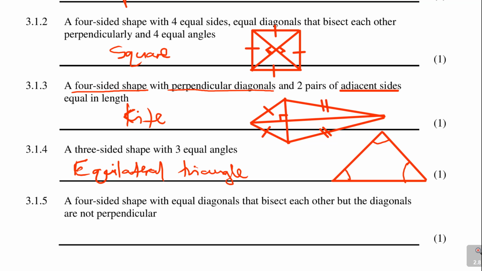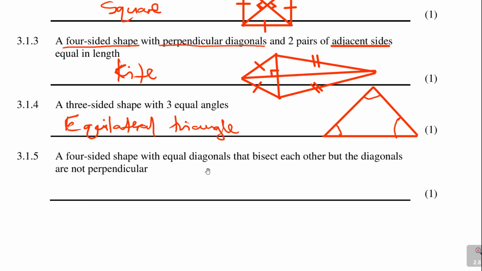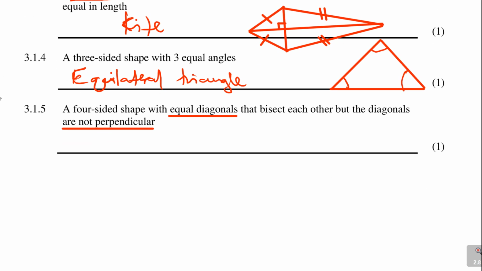Alright. And then I think this is the last one, 3.1.5. A four-sided shape with equal diagonals that bisect each other, but the diagonals are not perpendicular. A four-sided shape with equal diagonals. We can look at a rhombus. Let's try this one.